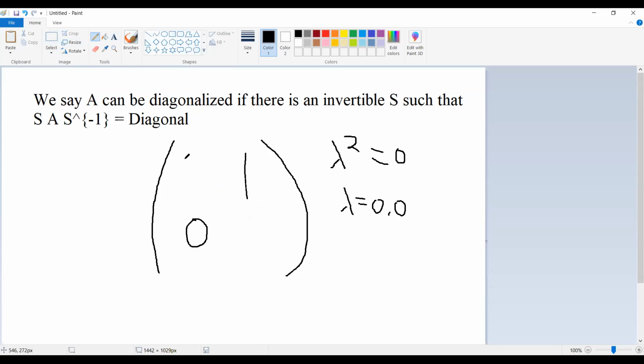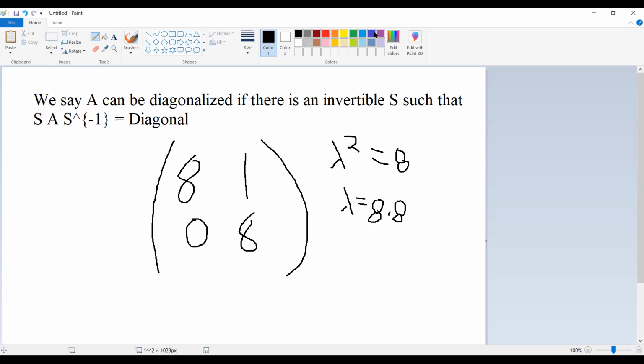If we chose 8, that would be fine as well. The reason I'm choosing 8 is I can make the 0 into 8 without any trouble. So any matrix of this form can't be diagonalized. As a nice exercise, prove that there is no S that works.